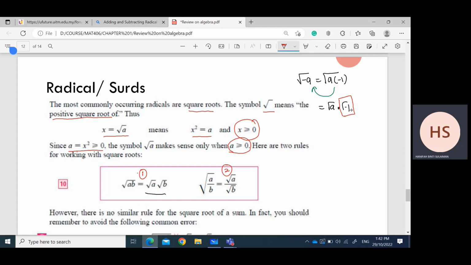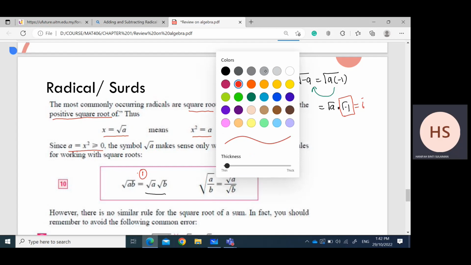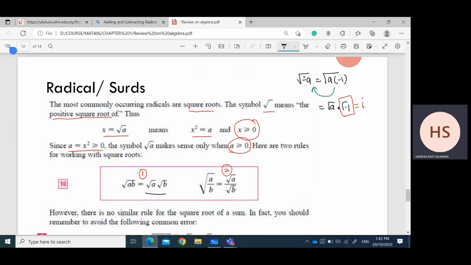Okay, so it is known as i. So the square root of negative A is also equivalent to square root of A times i. So ini dia akan jadi complex number. Jadi untuk case ini, kita tak concern pun number ataupun punca kuasa yang melibatkan negatif.